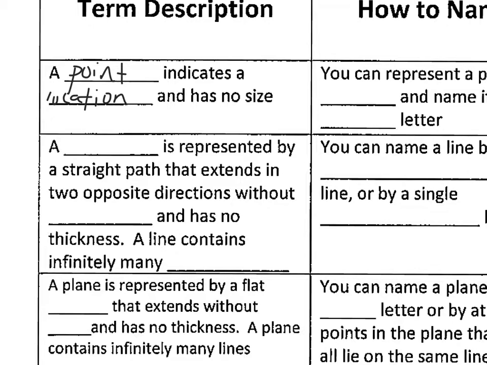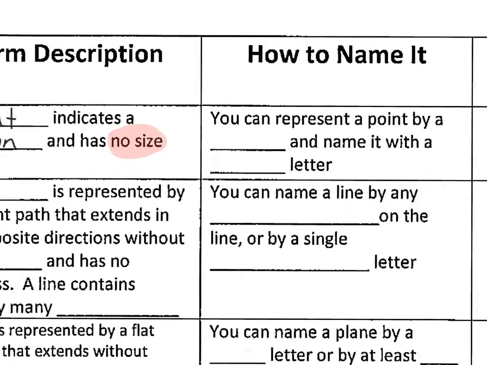If you could drop a point on a location, you pinpoint it. So a point indicates a location. Here's the big thing: it technically has no size. You cannot see it. I know it's weird, but you cannot see it. So a point indicates a location, has no size.